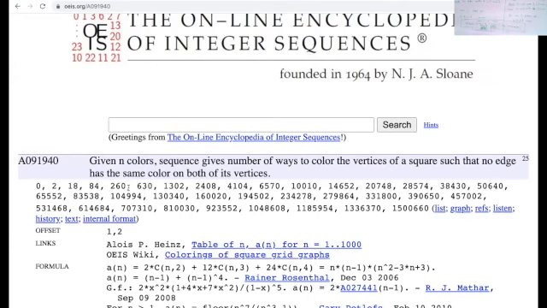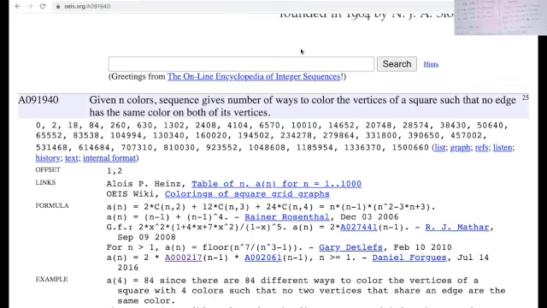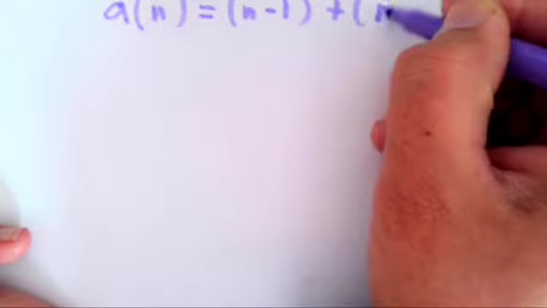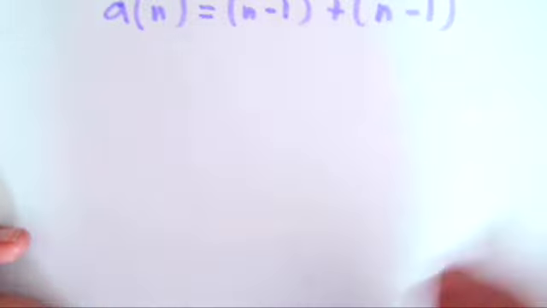There's a lot of really cool stuff if you look here. It gives formulas for these. One formula that it gives is that if you have n colors, then the number of ways to solve this problem is (n minus 1) plus (n minus 1) to the 4th. So if I recognized that that formula existed by searching in the OEIS, a of n is equal to (n minus 1) plus (n minus 1) to the 4th.